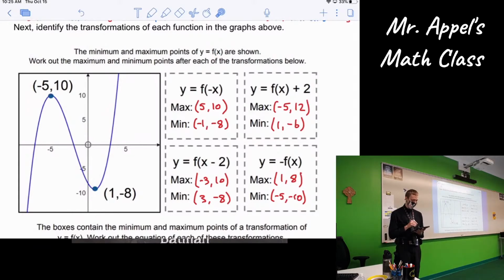What happens to the max and min if I did f of negative x? Well, that's going to be a horizontal reflection. Left and right are going to switch. So negative 5 comma 10 becomes 5 comma 10. It's still the maximum. It just moves over here. This moves over there. Negative 1, negative 8.